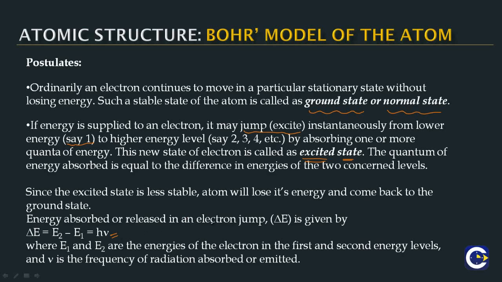So the energy gap ΔE between the two levels is equal to the energy of the radiation, h into nu. Already we saw in Planck's quantum theory that the energy of radiation is equal to h nu or h c by lambda.